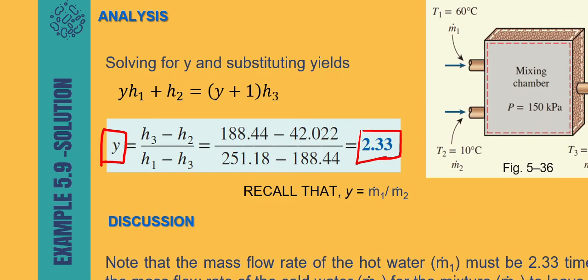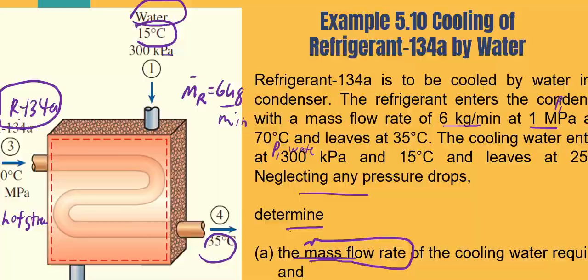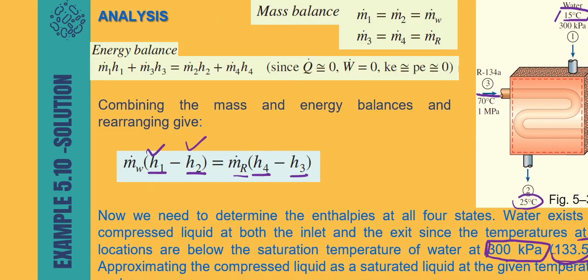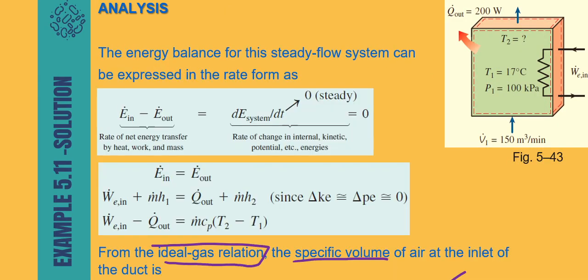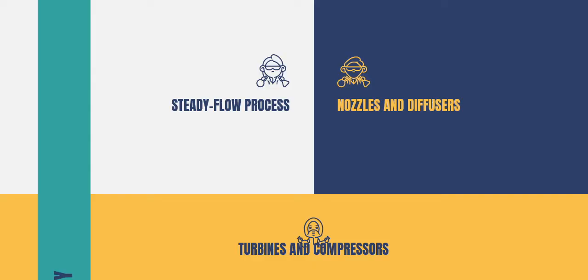Okay, and then what else you need to know? You need to know the working principle of nozzle, diffuser, compressor. Okay, so let's summarize it here. For nozzle, you want to increase the velocity, so velocity 2 is greater than velocity 1, but for diffuser it is the reverse of nozzle, so V1 is greater than V2.